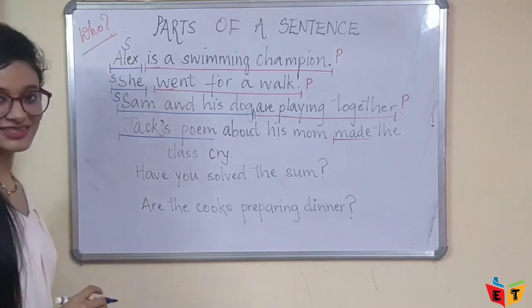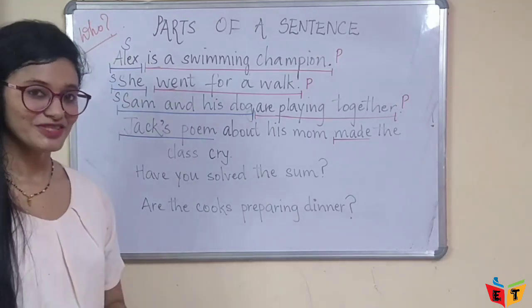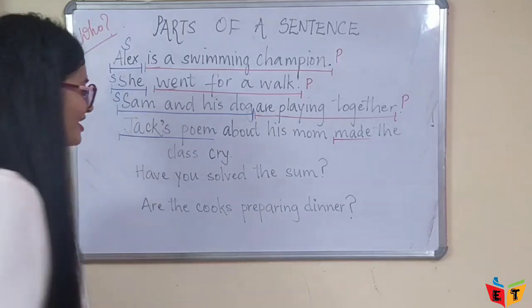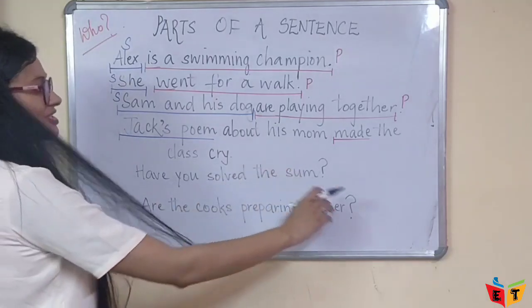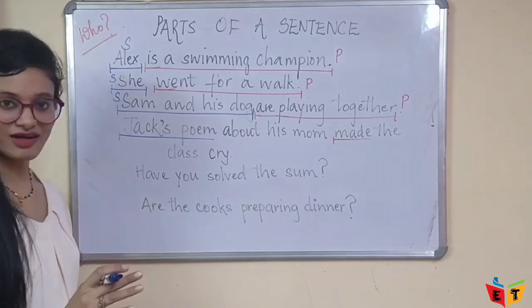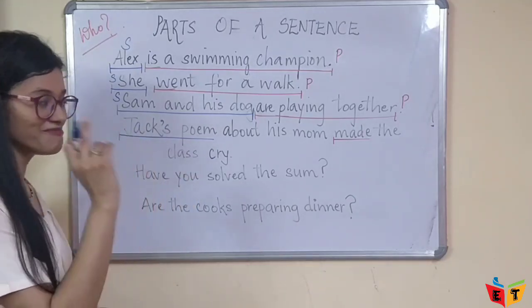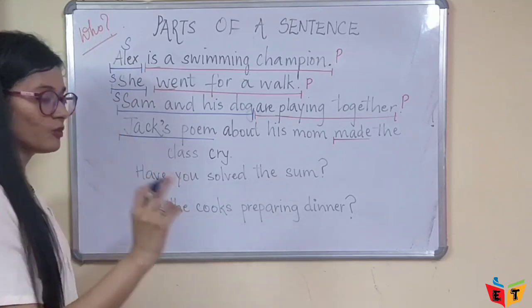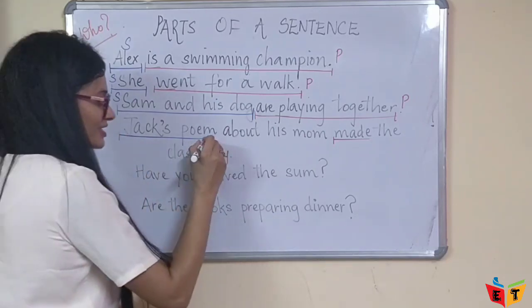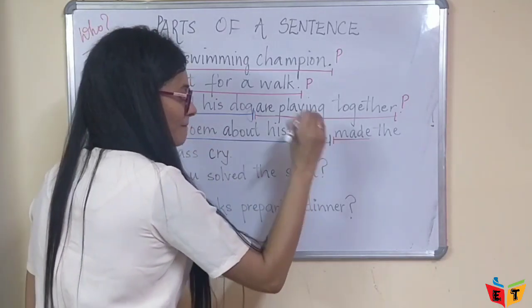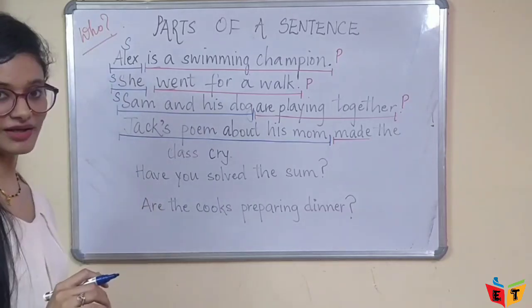If you think that this is the subject, let me tell you that you're wrong. Because when I ask the question who made the class cry, it is Jack's poem made the class cry, but Jack's poem about whom? Jack's poem about his mother made the class cry.